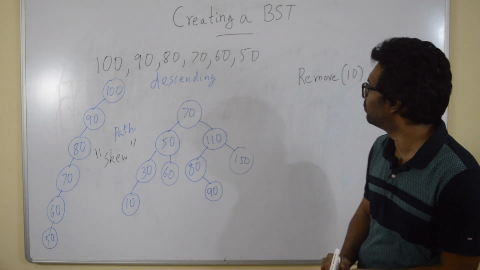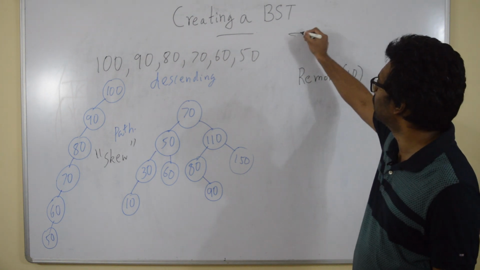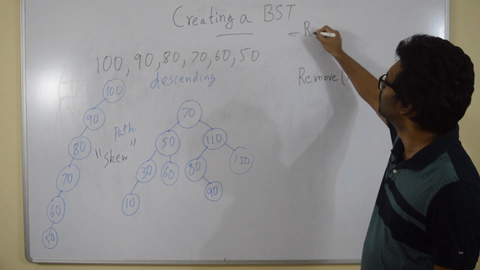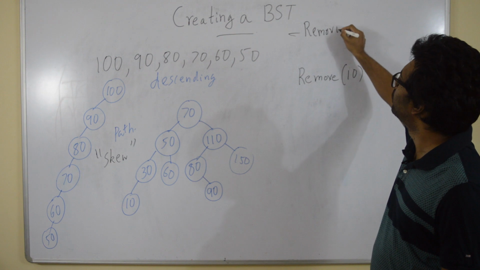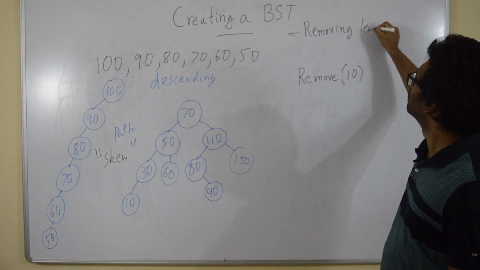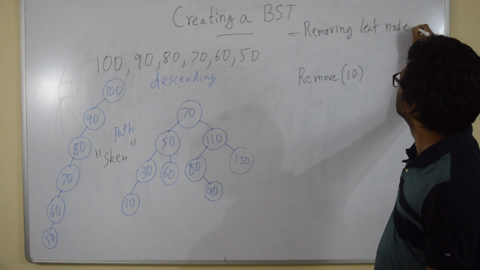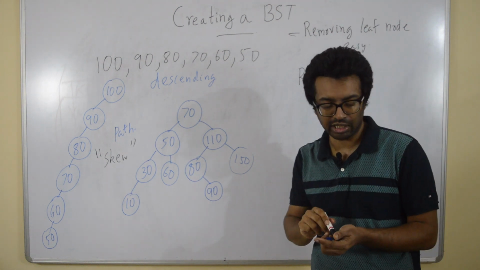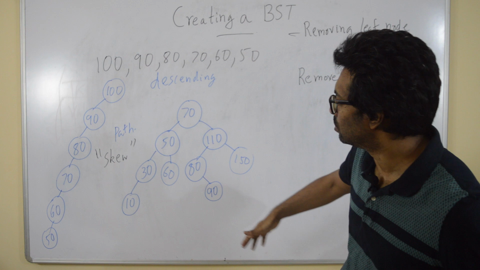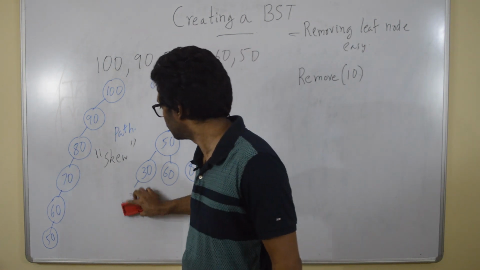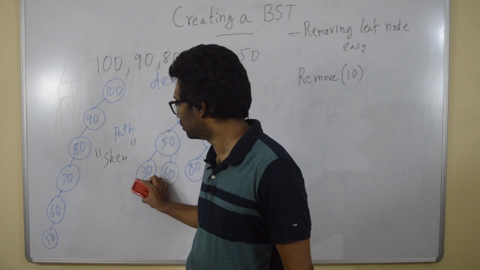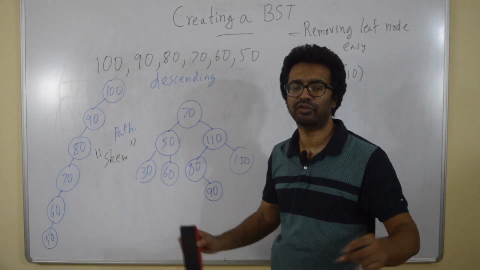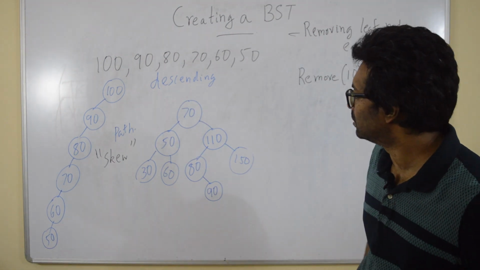So removing a leaf node is easy. Just remove that and put null to its left pointer. Just put null for 30's left pointer, and you have done. It's as easy as that.